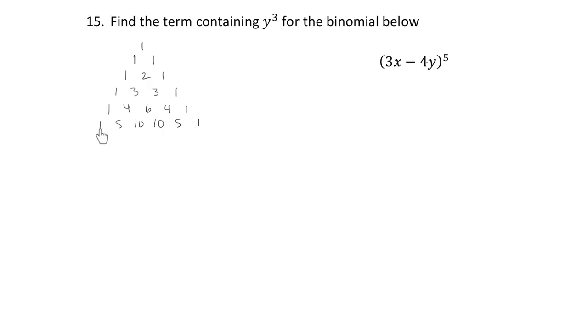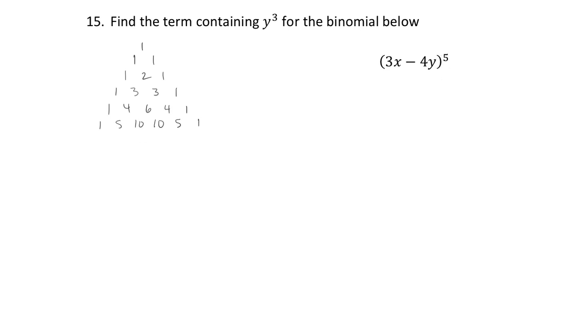Now remember, each of these is a coefficient for one of the terms of the expansion. At the beginning of the expansion, we're going to have this term raised to the fifth power, so x to the fifth and y to the 0. The next term would have x to the fourth power and y to the first power.